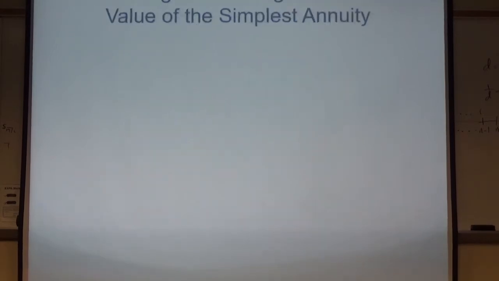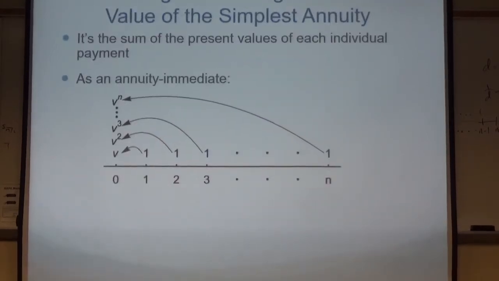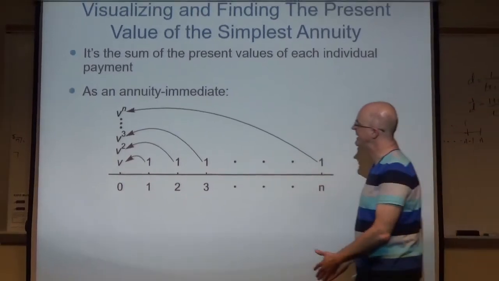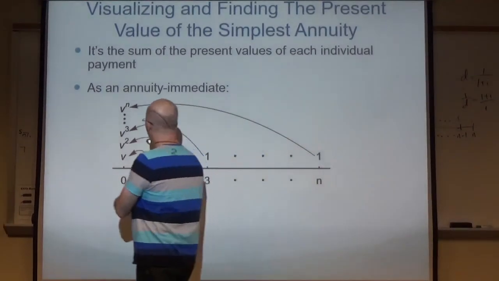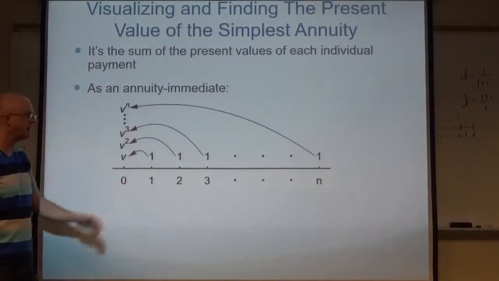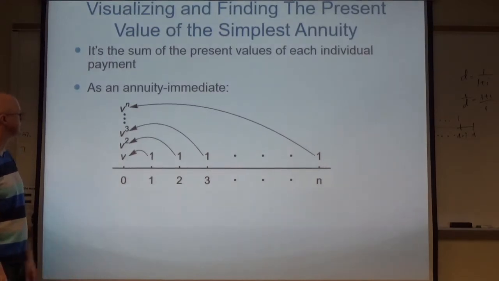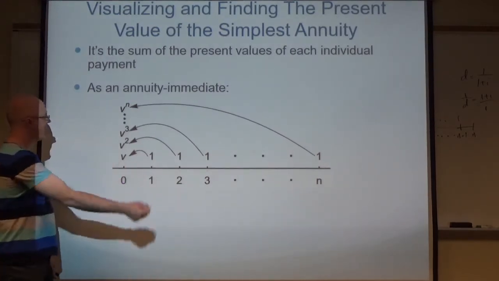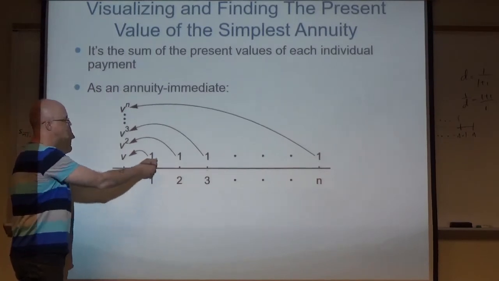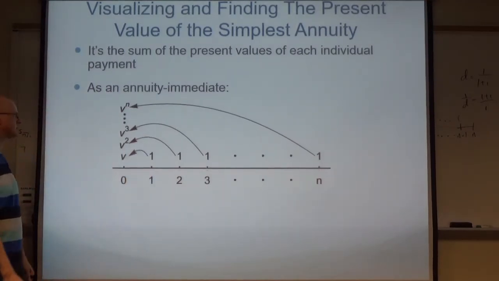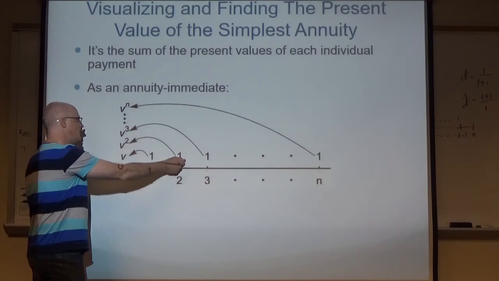What about present values? Here's an annuity immediate. I'm evaluating it, most importantly, 1 period before the first payment. v is the discount factor. I have to pull these back in time. This first payment at time 1 goes back by 1 year. Its present value is v. The second payment at time 2 goes back by 2 years.